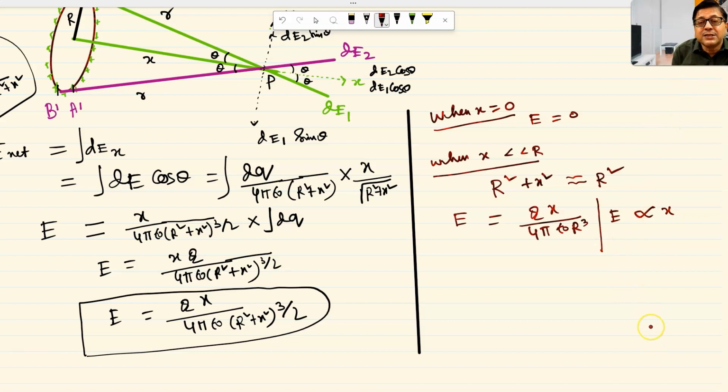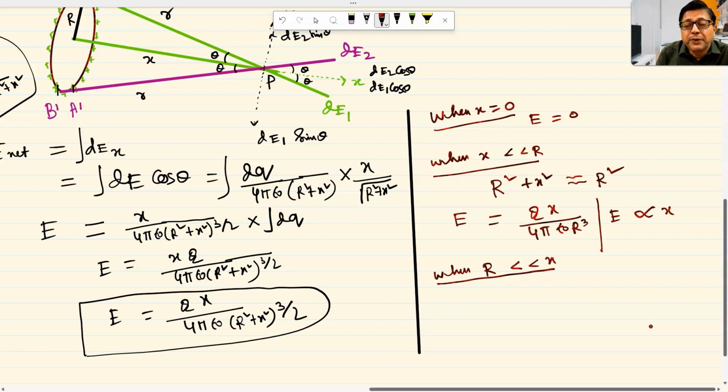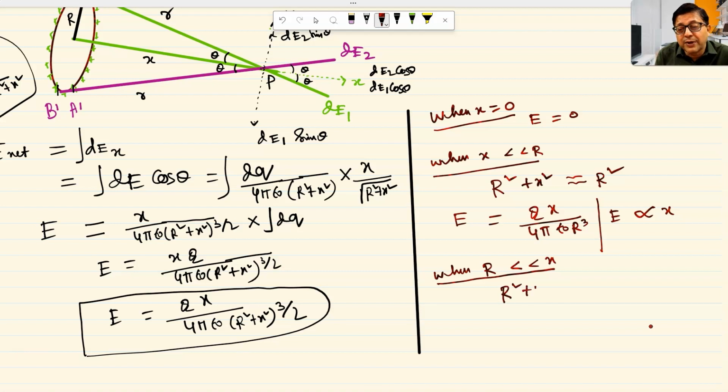Let us do another case, when r is very much smaller than x. That is, far away from the ring when you are going to calculate strength of electric field. In that case, r square plus x square will be approximately equal to what? X square. So E is going to be, for this case, qx by 4 pi epsilon 0 x cube, since x squared to the power 3 by 2 is x cube.